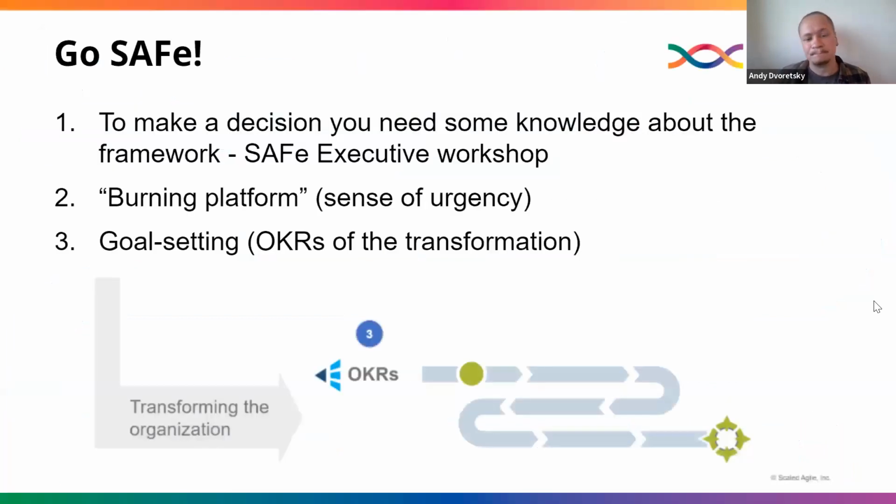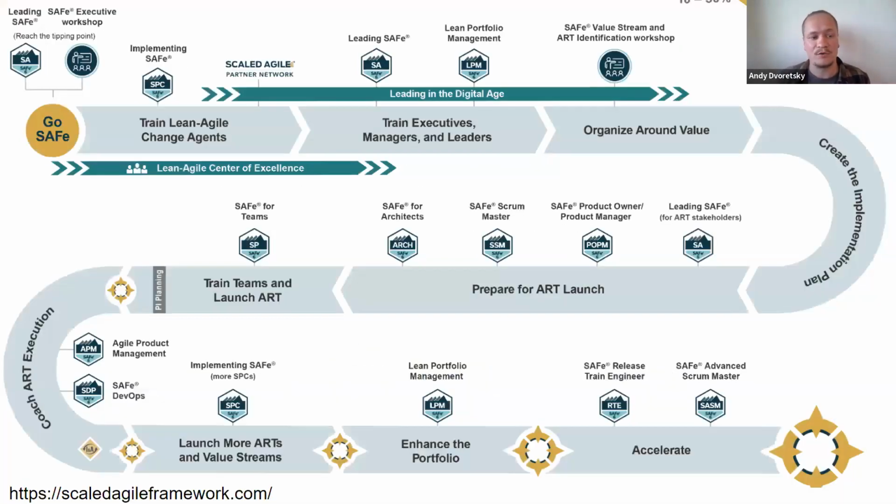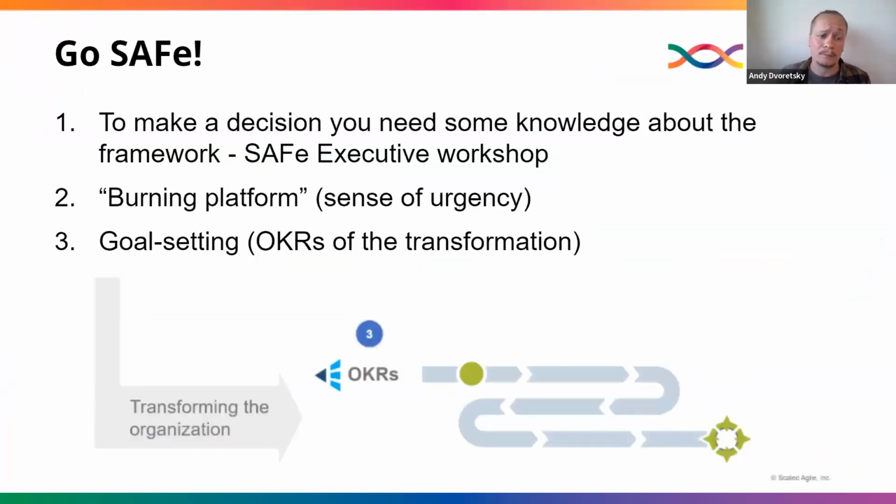So the first step in this roadmap is actually a tipping point, making the decision that we as an organization go in this direction, go Scaled Agile Framework. What's needed in this step? First of all, to make a decision, we have a kind of chicken and egg question, right?